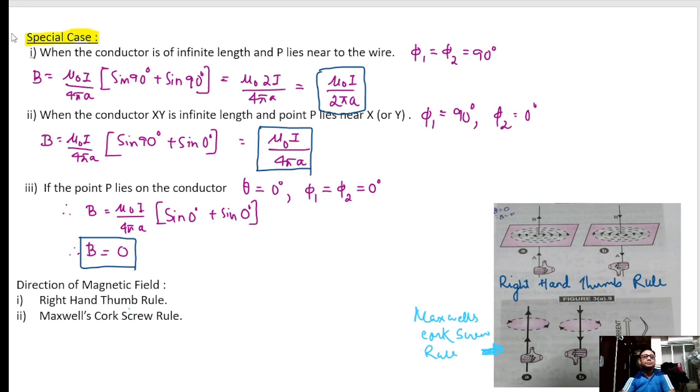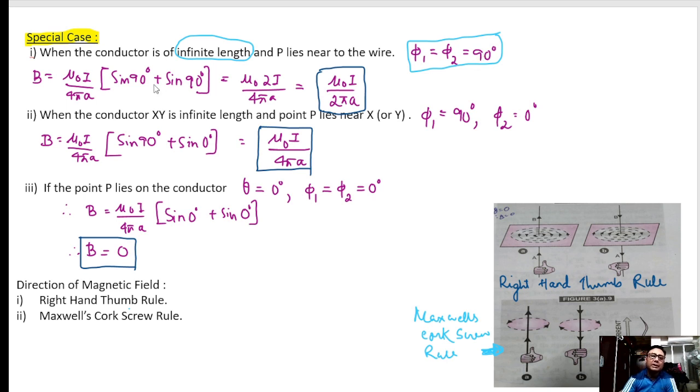First of all, when the conductor is of infinite length, that means very, very big length, please note phi 1 and phi 2 will be 90 degrees. Infinite conductor, phi 1 and phi 2 will be taken as 90 degrees. Clear?